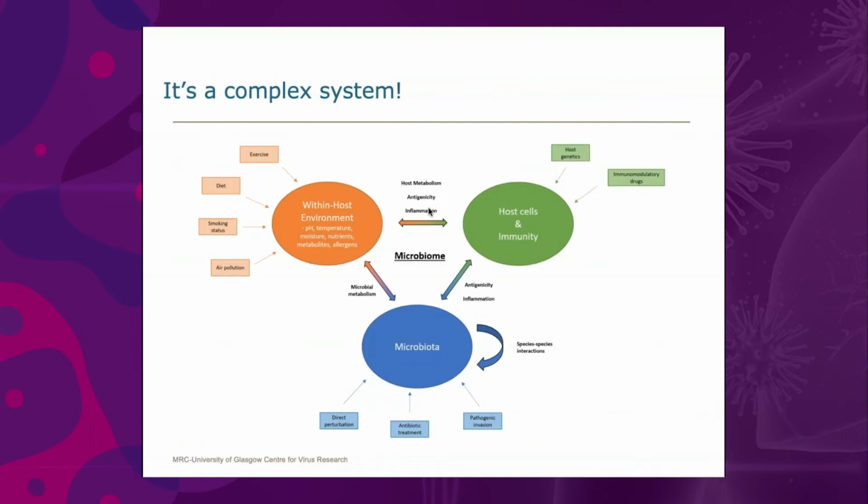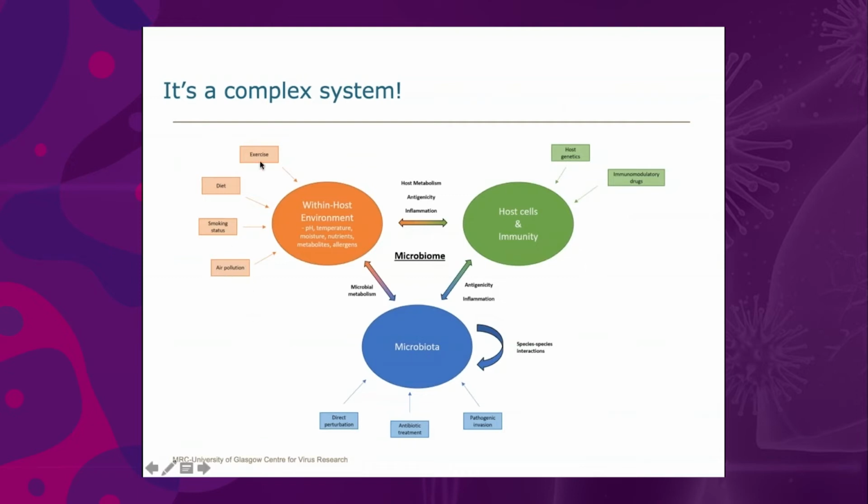So pathogenic invasion in the context of things like asthma, rhinoviruses, damaged epithelial layers, antibiotic treatments. And so there are very understandable direct perturbations to the system that will influence the microbiome. And then our individual genomes, interactions with the immune system as we age.